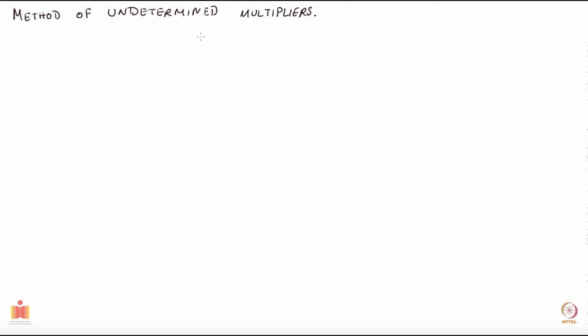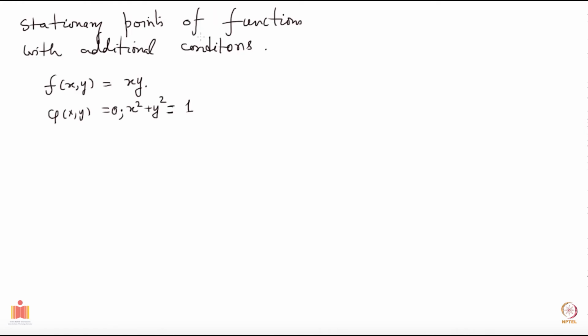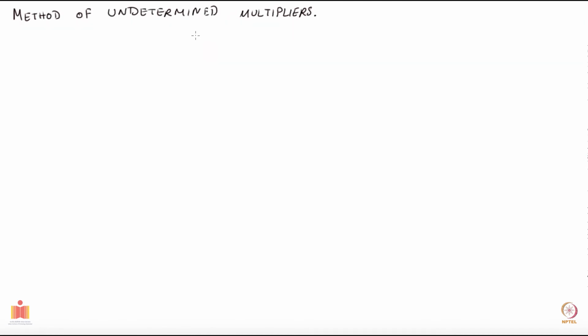I'll give you the answer, and then we'll see why that is an answer. So the question is the same: stationary point of a function with some additional constraints.